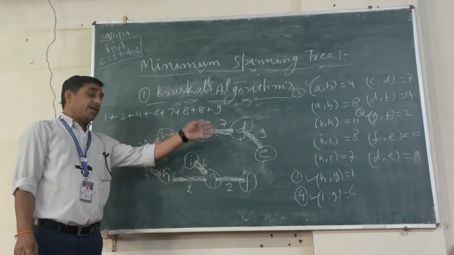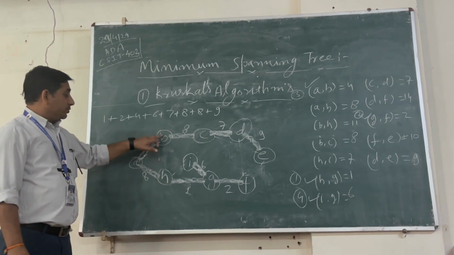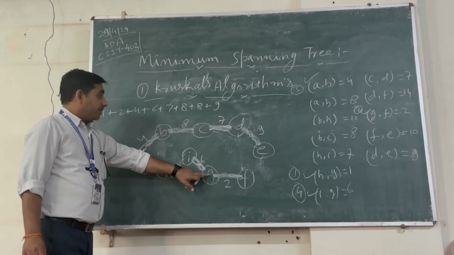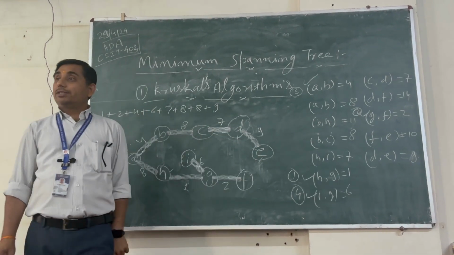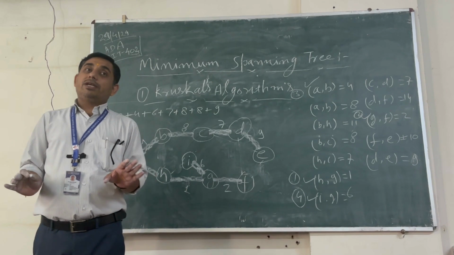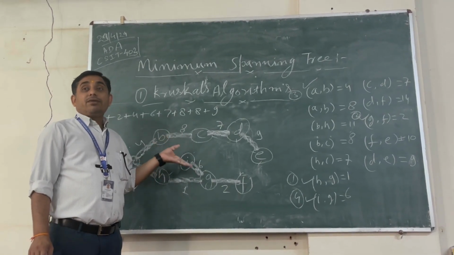And how many vertices are here? 9. Clear? 1, 2, 3, 4, 5, 6, 7, 8 and 9. 9 vertices.